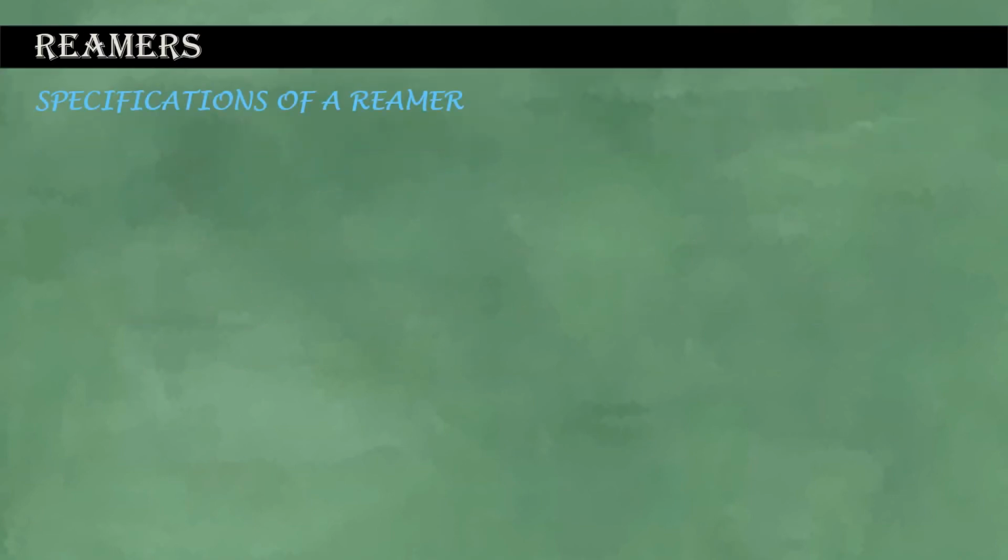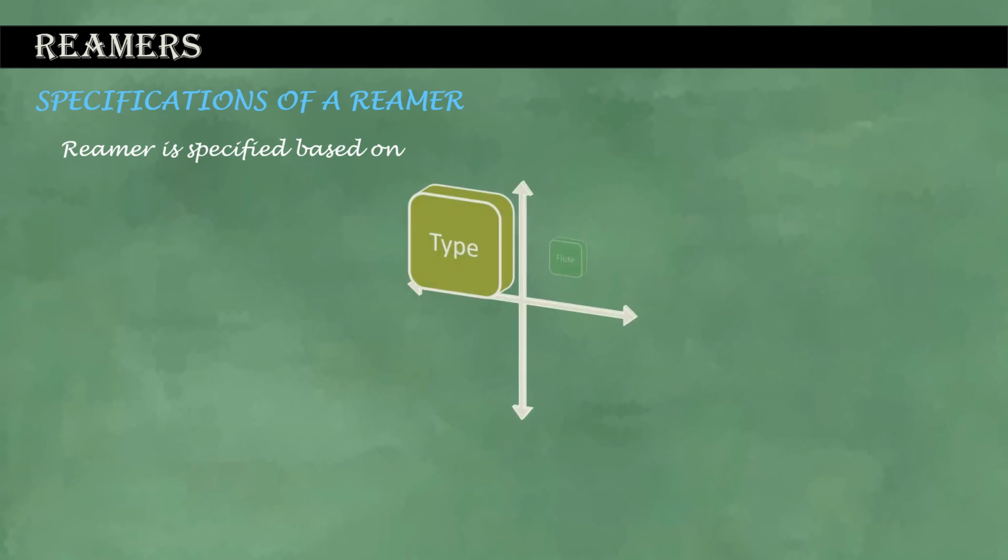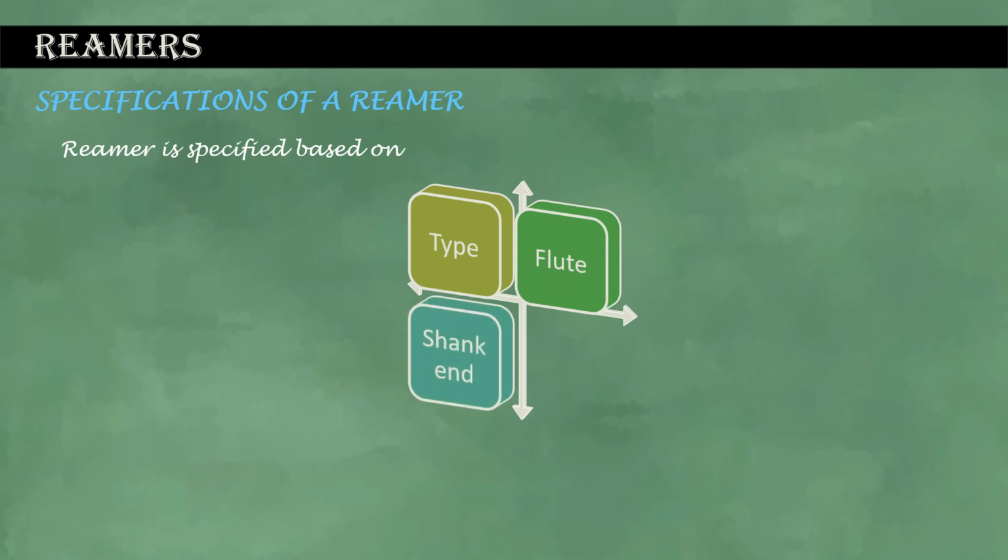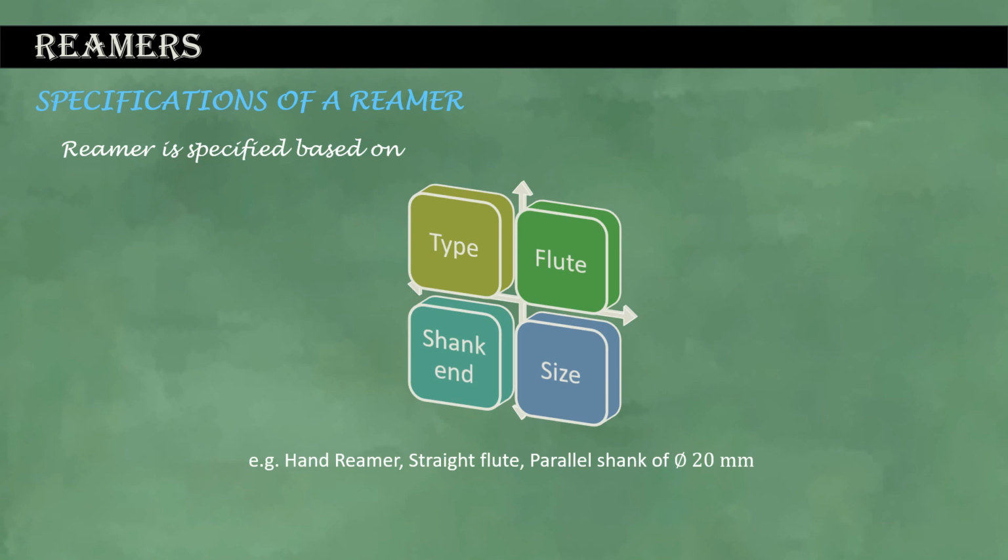Specifications of a reamer. A reamer is specified based on type, flute, shank end, size. For example, hand reamer, straight flute, parallel shank of diameter 20 mm.